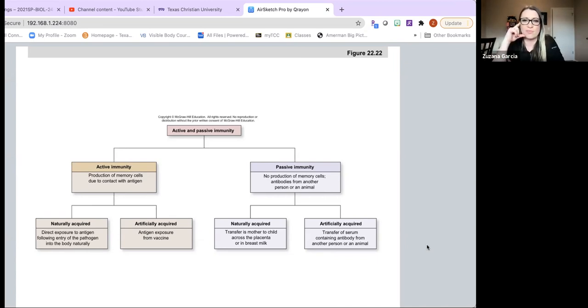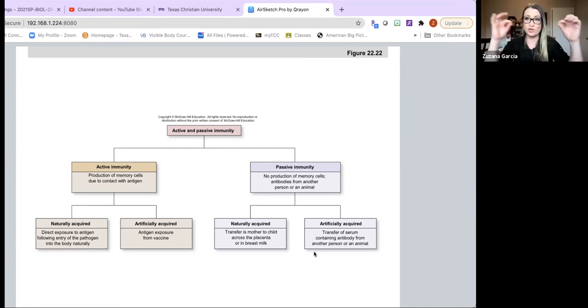But the treatment against tetanus and botulism is a transfer of serum. Snake bites also. You can treat snake bites with serum with the antibodies against that toxin. So yeah, that's that.